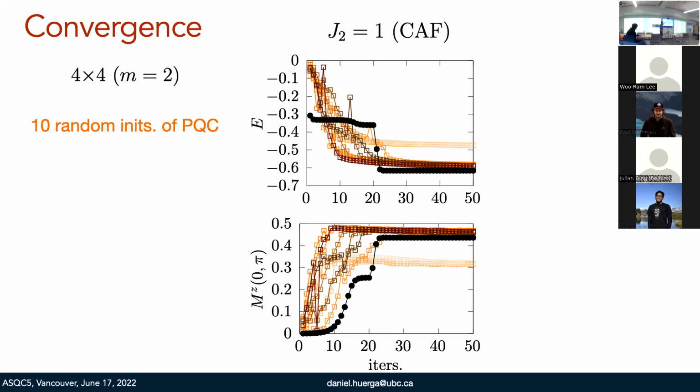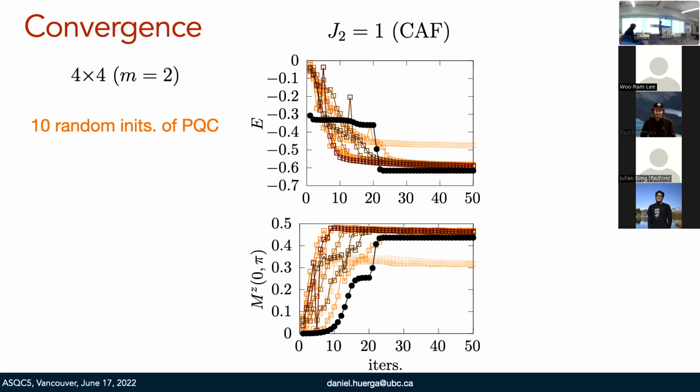We can see that the energy, for I think eight of the random initializations, is tending towards the classical result, except two that are tending towards a single suboptimal minimum.